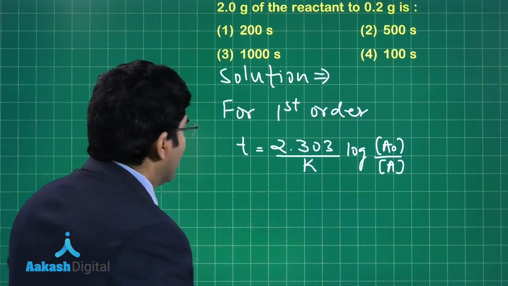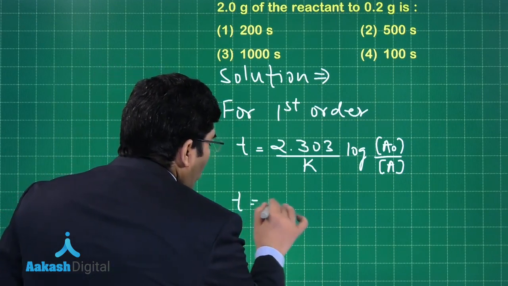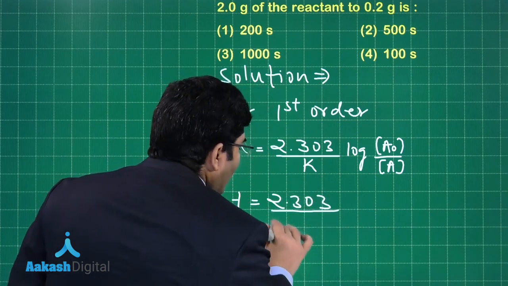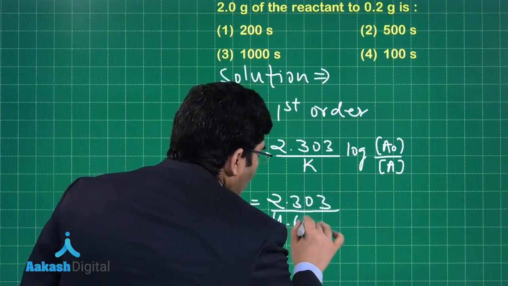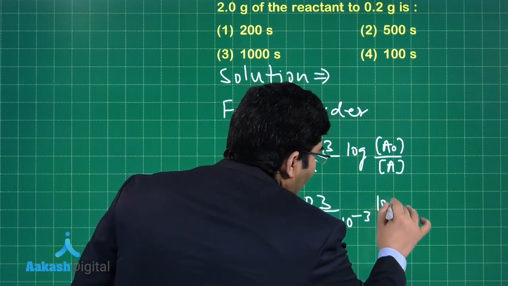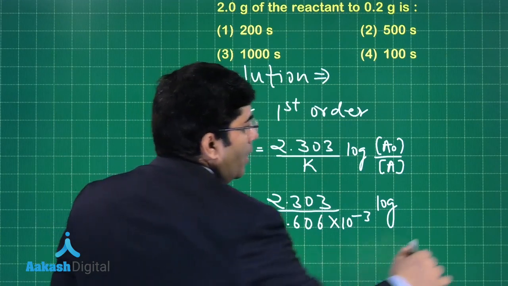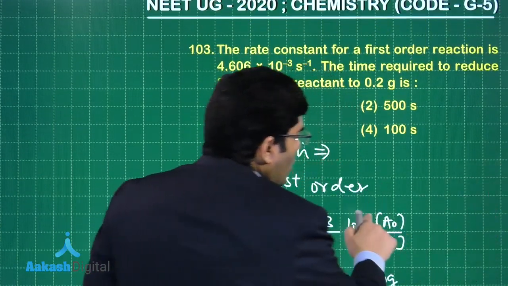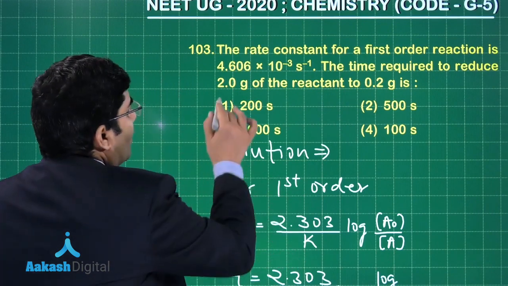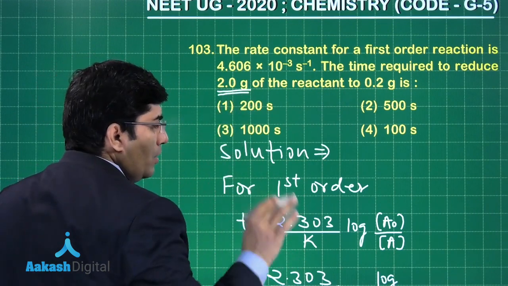What I mean to say is, time we have to find out. This is 2.303. K is given to us, that is 4.606 into 10 to the power minus 3, and then this log. Now a naught, this bracket shows it is concentration, but in this case this is the weight of the substance.